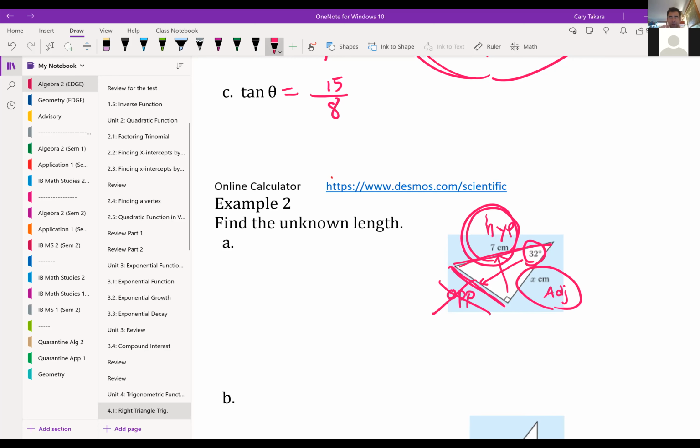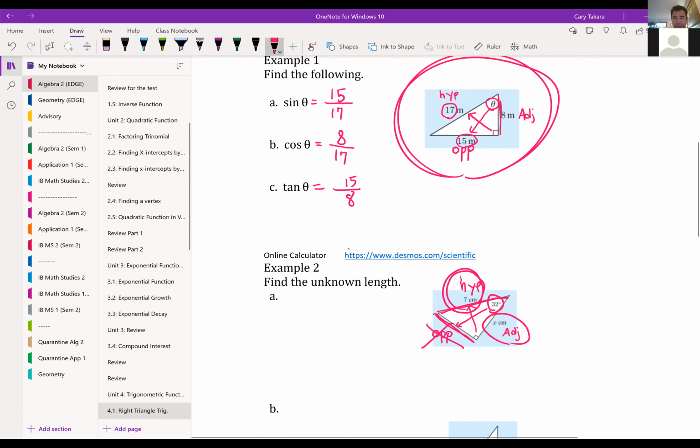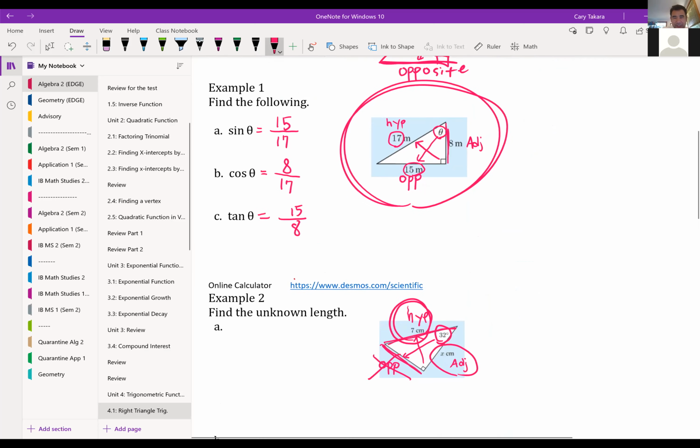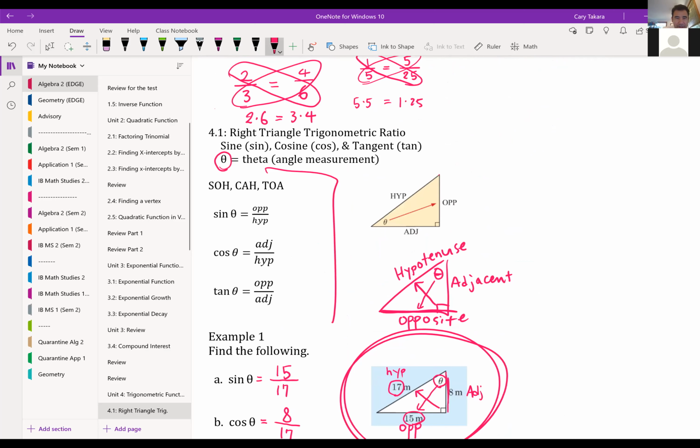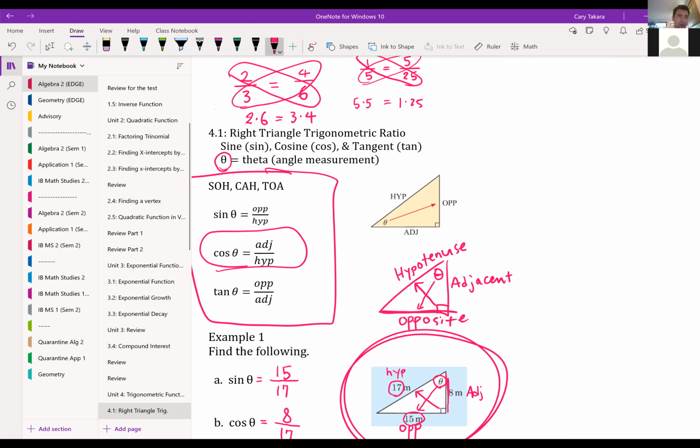So you need to find the combination that uses hypotenuse and adjacent. If you go back to SOHCAHTOA, which one uses hypotenuse and adjacent? It's only the cosine, right?